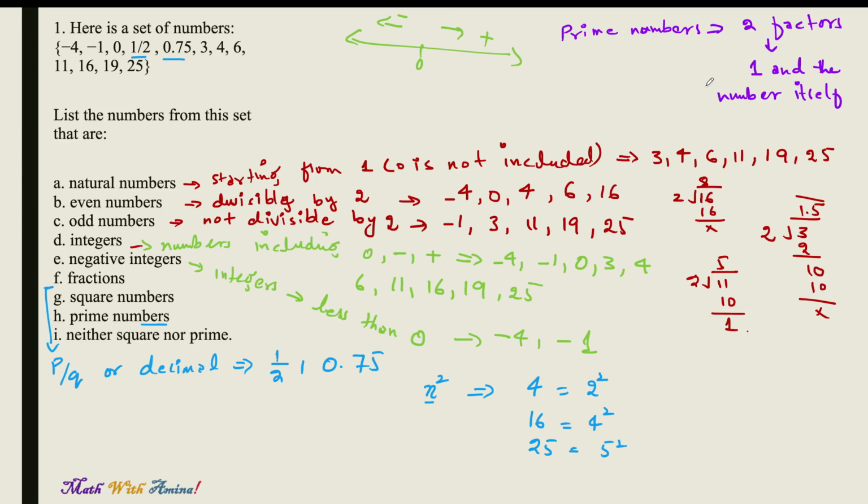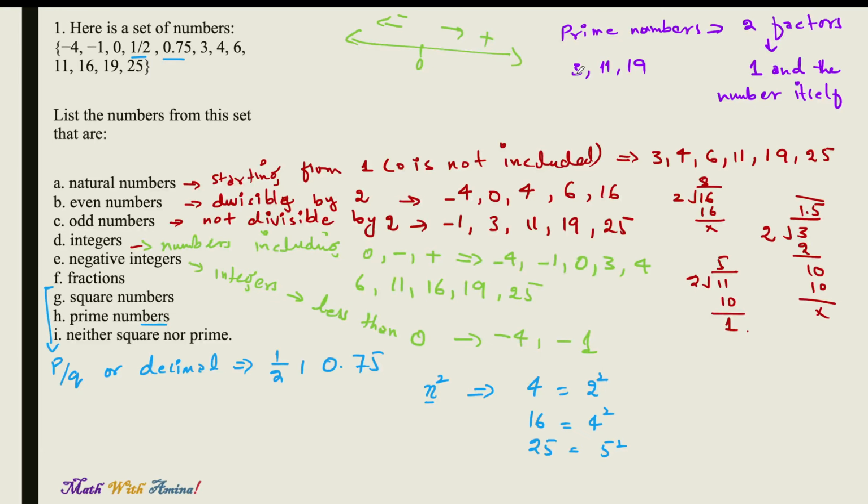So those numbers that are prime from this given set are 3, 11, and 19.